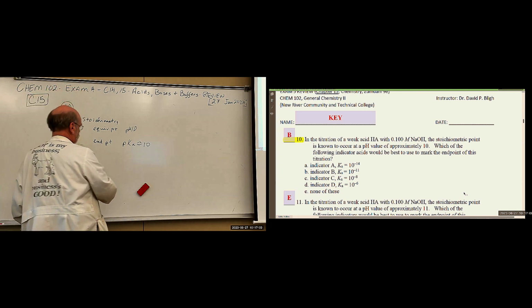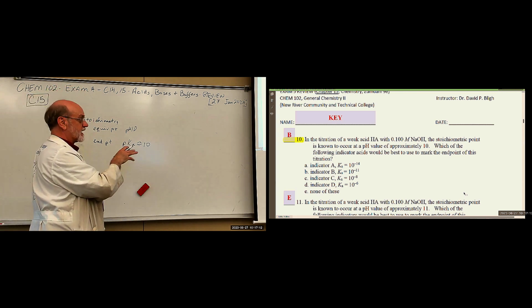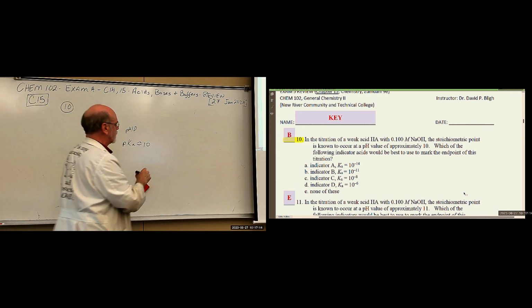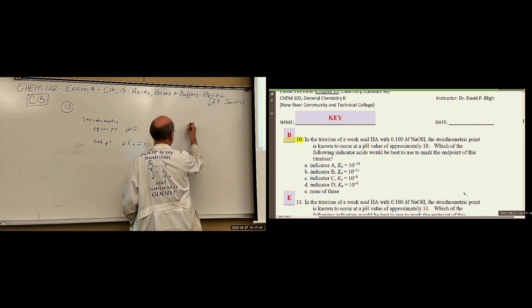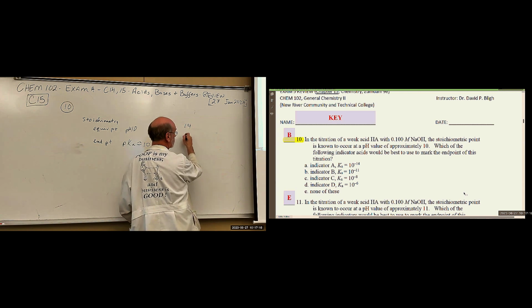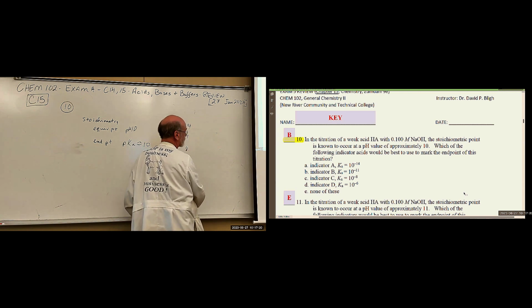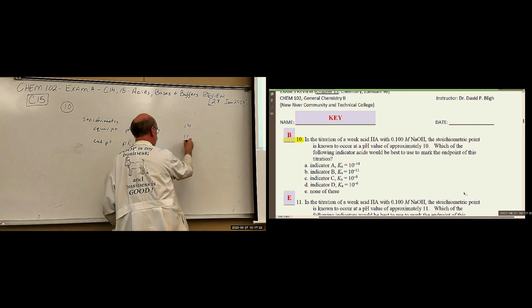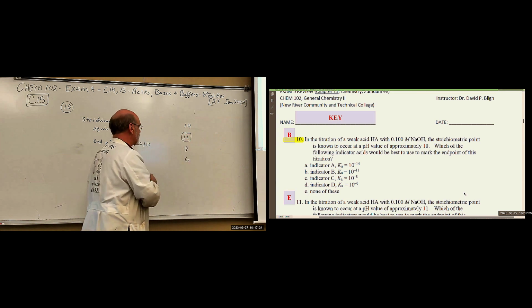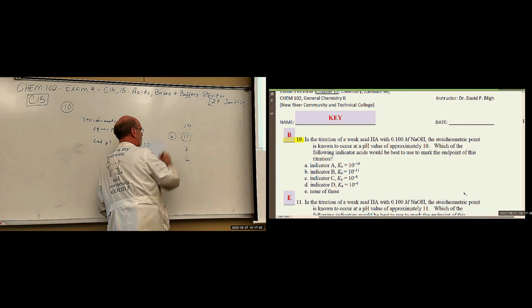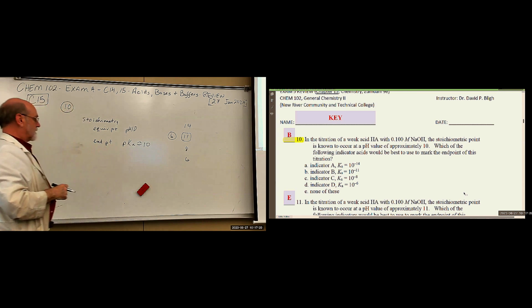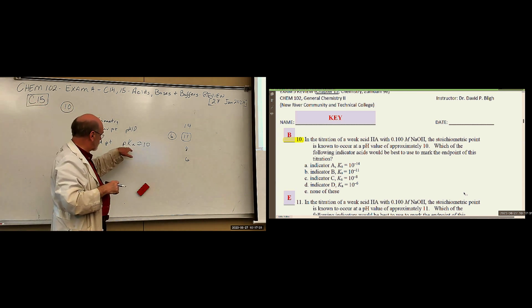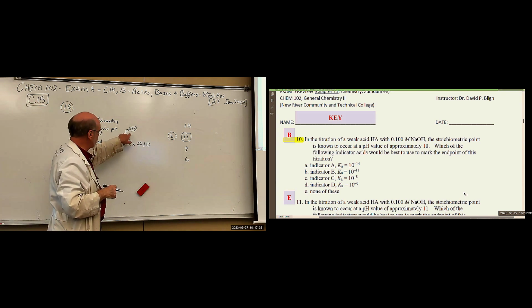Well, the pKa, of course, is going to be the negative log. So we just take the negative log of each one of those, and you got your choices: 14, 11, 8, and 6. So I would pick this one right here, B, because it's closest to the pKa, or the pH at the equivalence point.